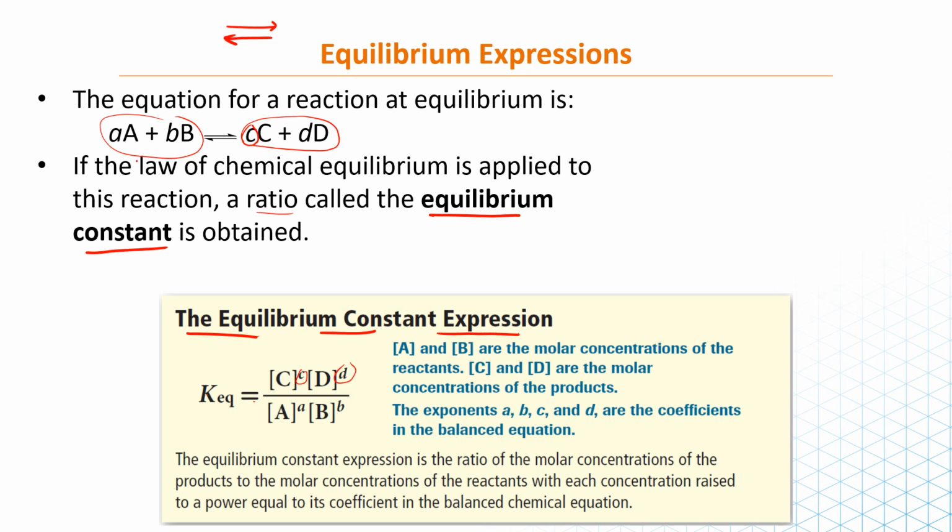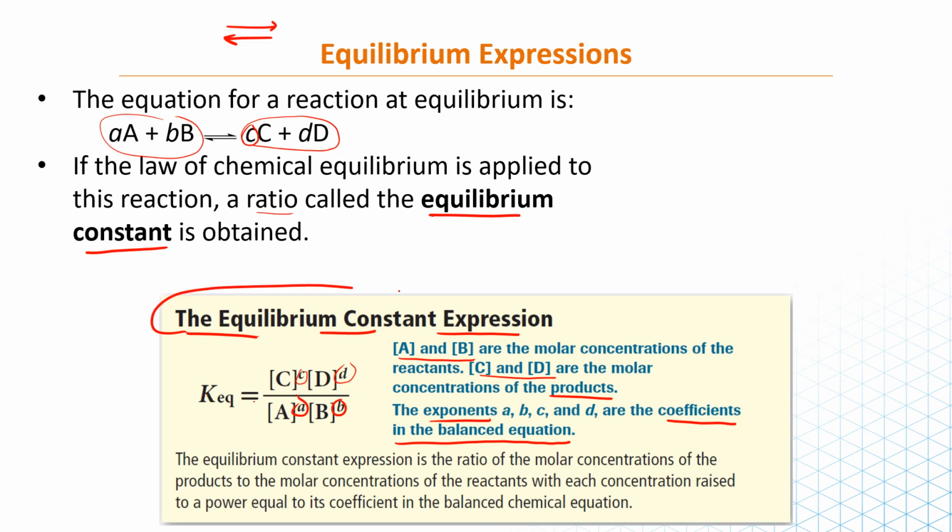A, small a is the number next to capital A, and small b is the number next to capital B. So A and B are the concentrations of the reactants, C and D are the concentrations of the products. Exponents اللي هي الأسس اللي هي الباورز هي coefficients in the balanced chemical equations اللي هي الأرقام اللي تكون في المعادلة الموزونة. Okay?